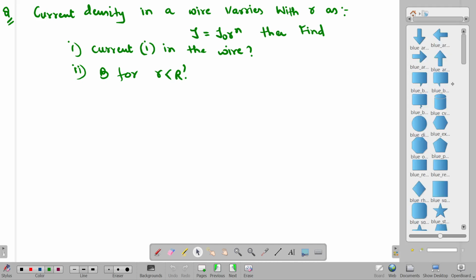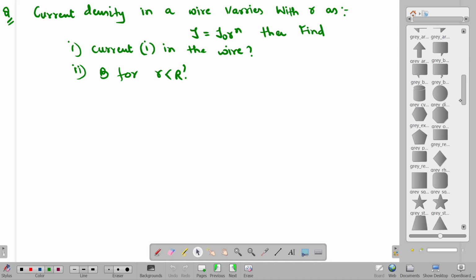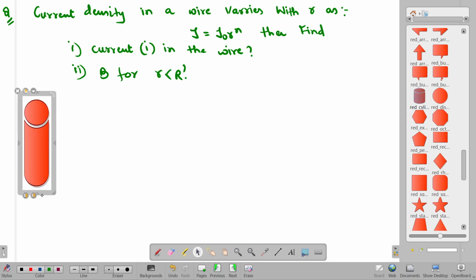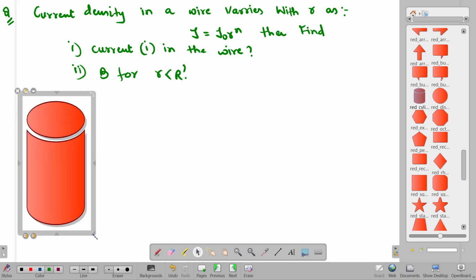Basically, I'll show you. Draw the diagram. It says that I have some kind of a wire. Let it be a cylindrical kind of a wire.